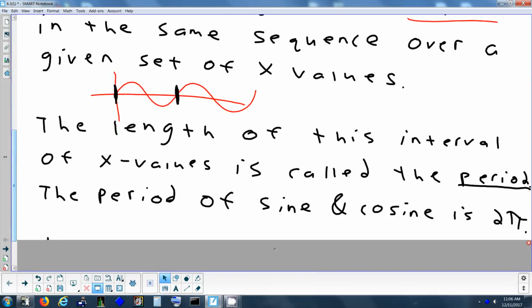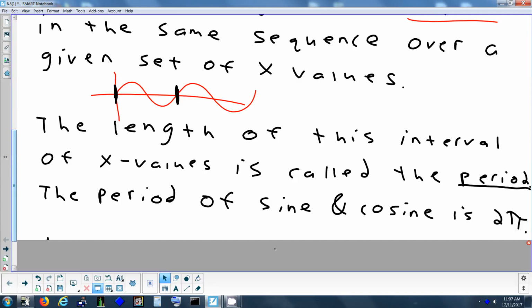And the normal period, if you don't shift it, you don't stretch it, you don't compress it, you don't mess with the graph at all, the graph normally has to go from 0 to 2 pi before it repeats. Or if you were thinking in degrees, that would be from 0 to 360 degrees.